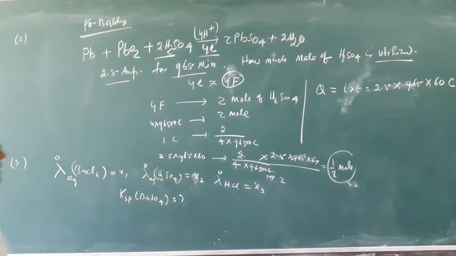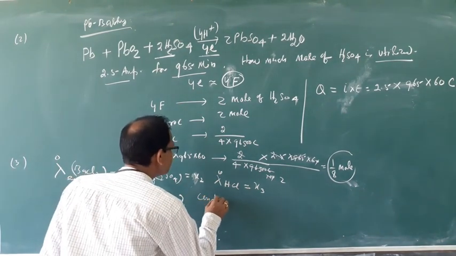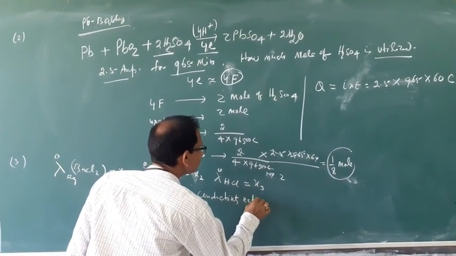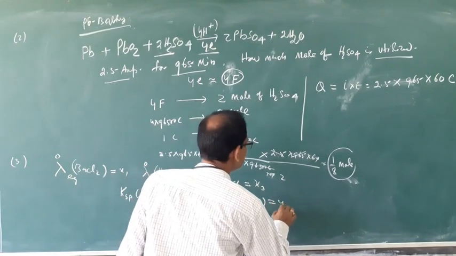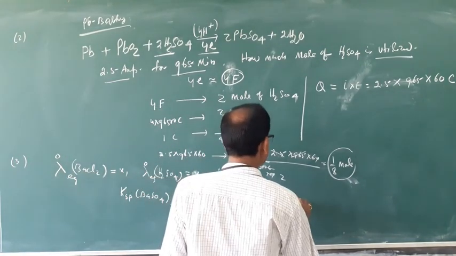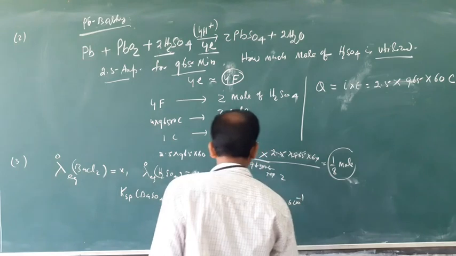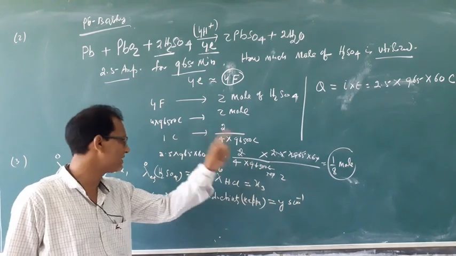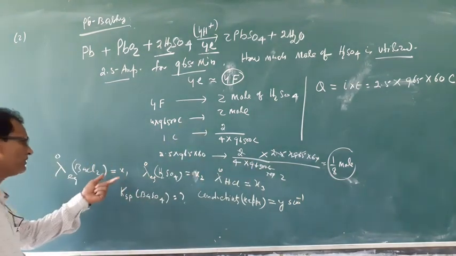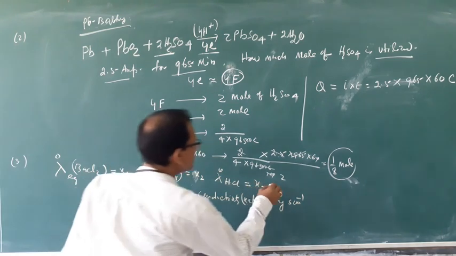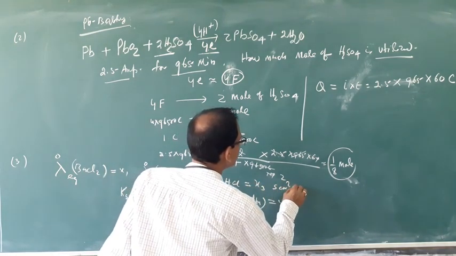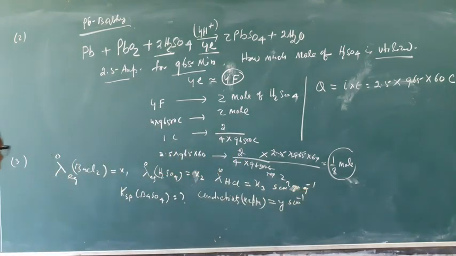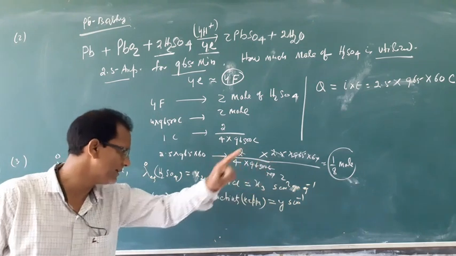The conductivity kappa is equal to y S per centimeter. This much is given. Here lambda values x1, x2, x3 are given. The unit is S centimeter square per gram equivalent. This is the data given for barium chloride, sulfuric acid and HCl.